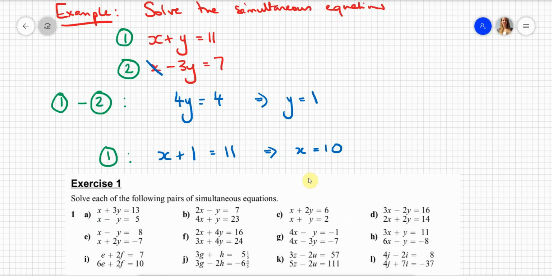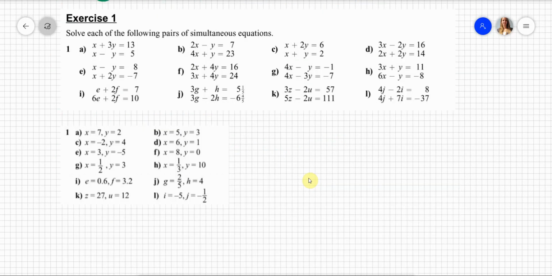Then once you've had a go, please mark them with the answers that are on Show My Homework, and then carry on watching the video for the next example and next set of questions. So these are the answers you should have got for those questions. Please take a minute to mark them, and then I'm going to go on to the next example.